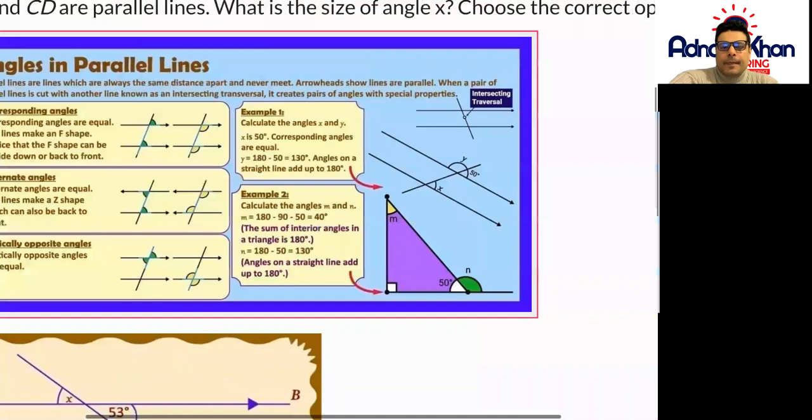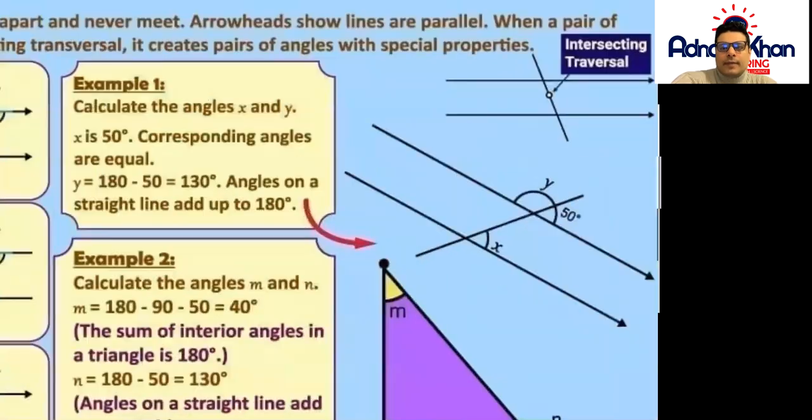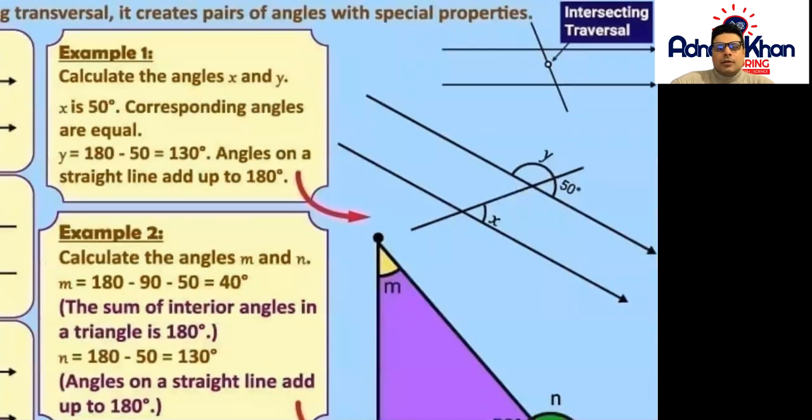So here we've got an example. It says calculate the angle. We're looking at example number 1. Calculate the angles X and Y. X is 50 degrees, so we'll just put 50 degrees here according to X. And corresponding angles are always equal, remember.